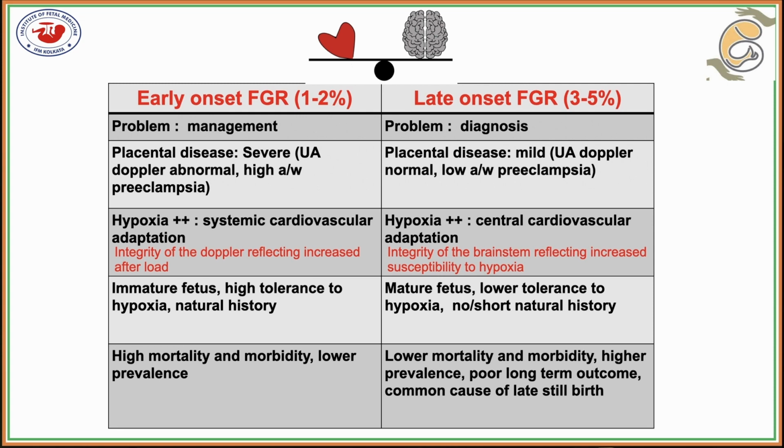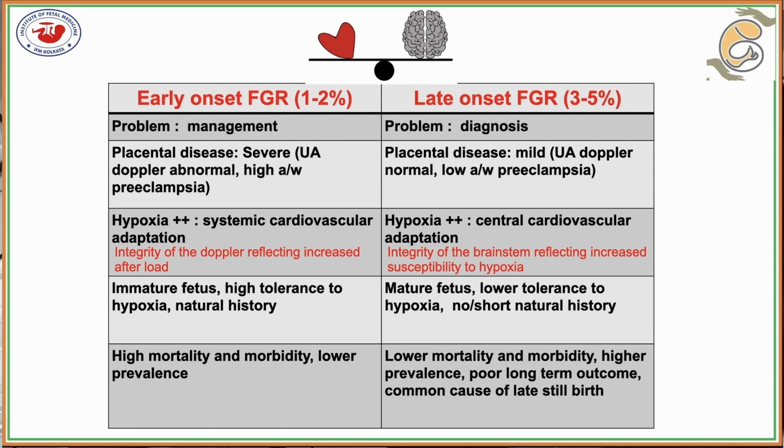And when it starts sensing hypoxia, it starts reacting in the form of cerebral redistribution and CPR abnormalities, and if the brainstem is more suppressed with this hypoxia, it may cause cardiovascular compromise and failure of the heart.